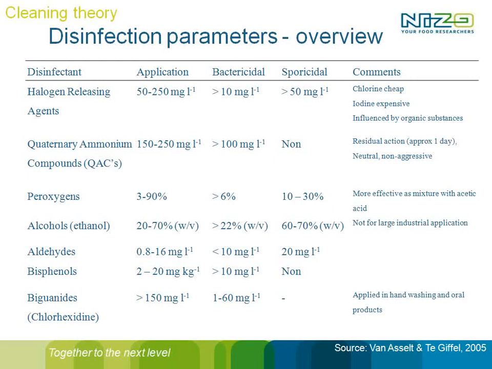So it's very important to know, if you do have spores in your environment, don't apply the QACs or the bisphenols. For example, chlorine is known to be very effective, and it's also important to know that for chlorine, no resistance is built up. Normally bacteria can adapt to their environment, but for chlorine they normally do not build up resistance, whereas for other means it happens.